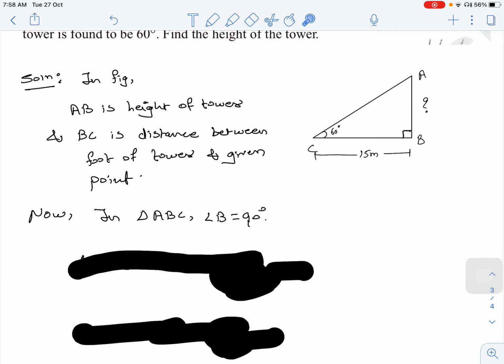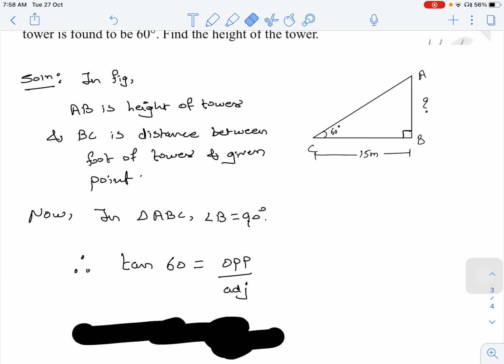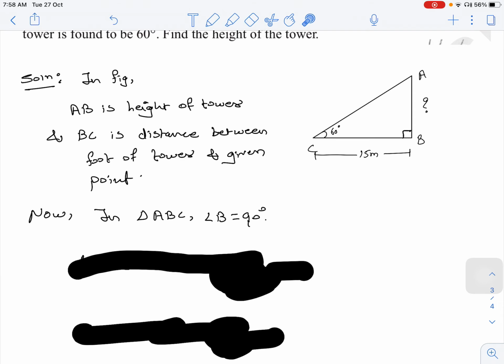Now in triangle ABC, angle B equals how much? It is 90 degrees. So we can make use of trigonometric ratios. We want to find this value.